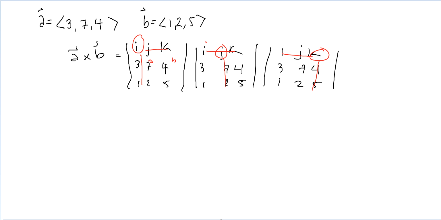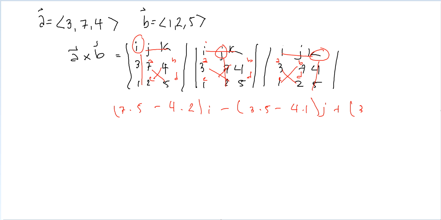A, B, C, D. So we'll do 7 times 5 minus 4 times 2 multiplied by our first component, minus 3 times 5 minus 4 times 1 multiplied by our second component, plus 3 times 2 minus 7 times 1 multiplied by our third component.